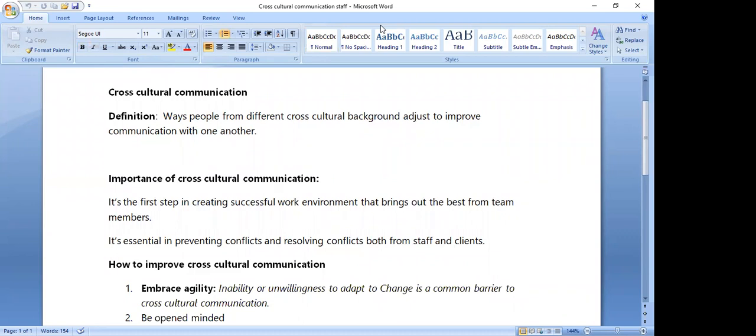Basically, we look at embracing agility. The inability or unwillingness to adapt to change is a common barrier to cross-cultural communication. It means that when you are unwilling to adapt to people's perception of communication, there will always be challenges in understanding, because everyone has their own way of reasoning.